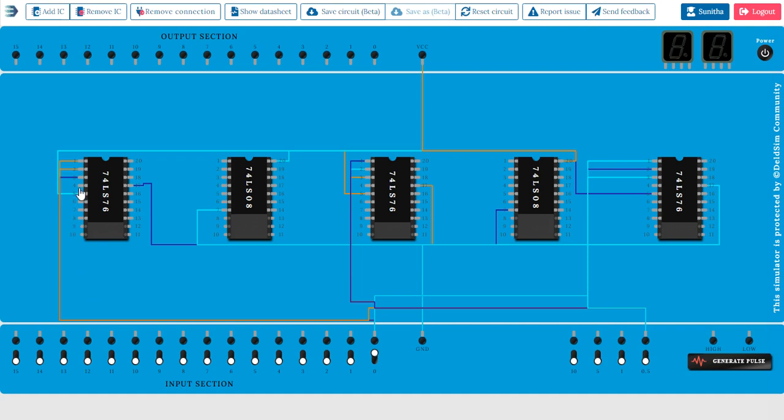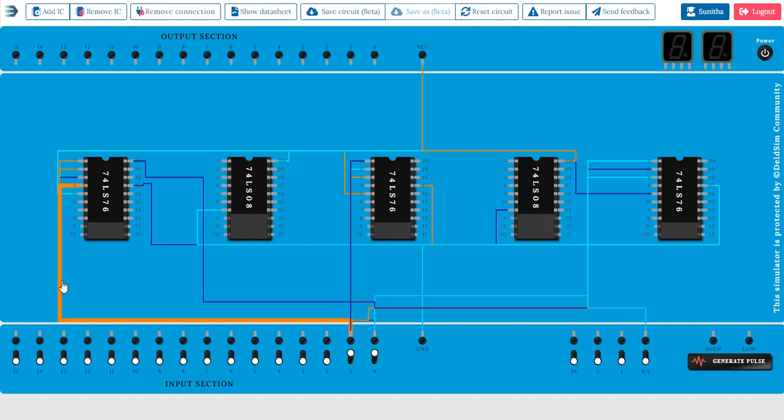So for pin number 4, which is J, I am keeping that input high, and pin number 16 is once again connected to high itself. Please remember, for the first flip-flop, J and K value remains 1. 1 means it is a high voltage.